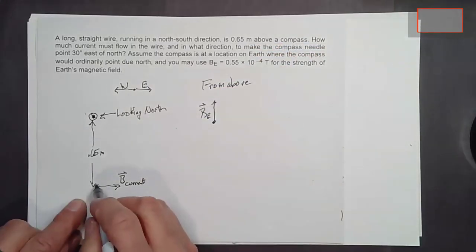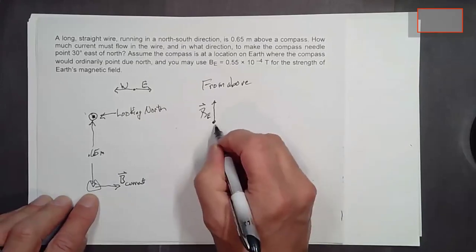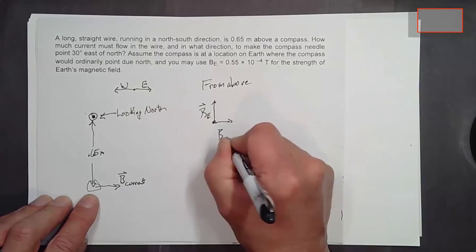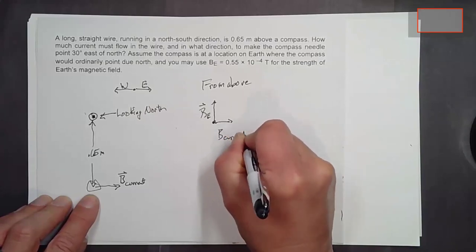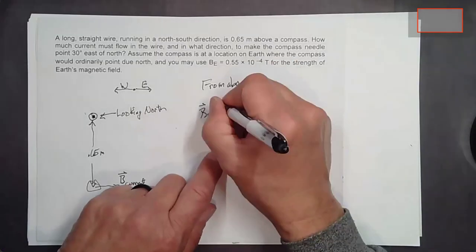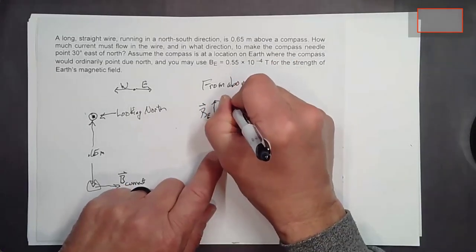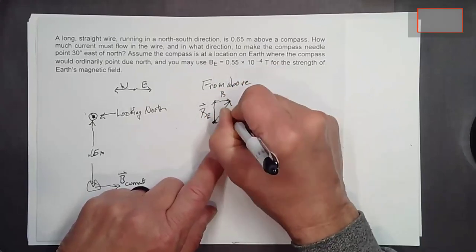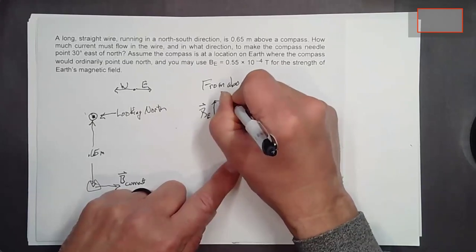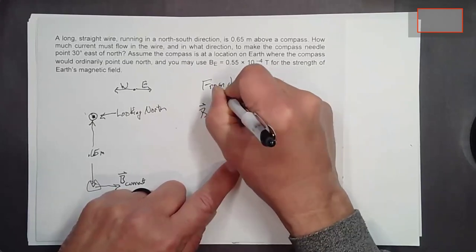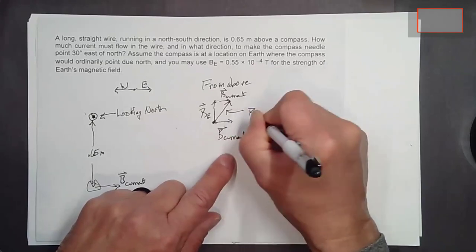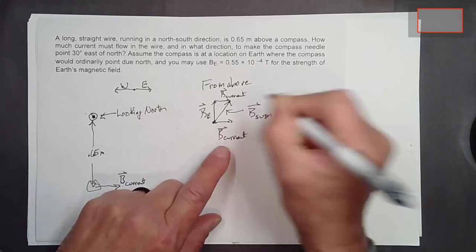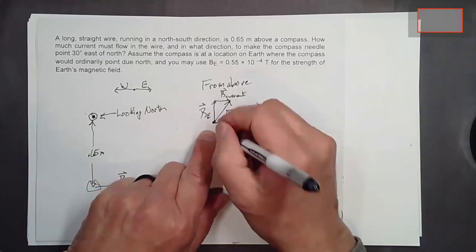And we're looking down at this point here, and we've got a magnetic field, B current, pointing to the east. This is the resultant magnetic field, call it B sum, and it makes a 30-degree angle with due north.